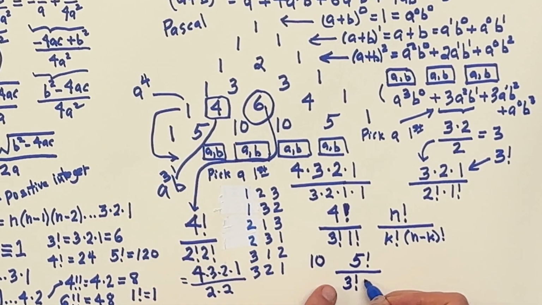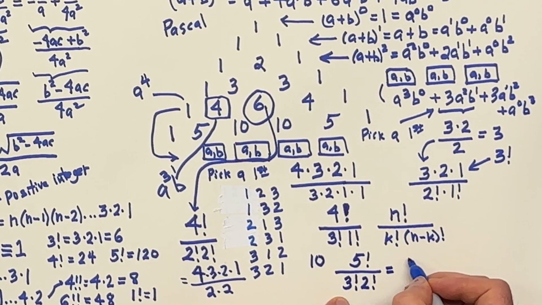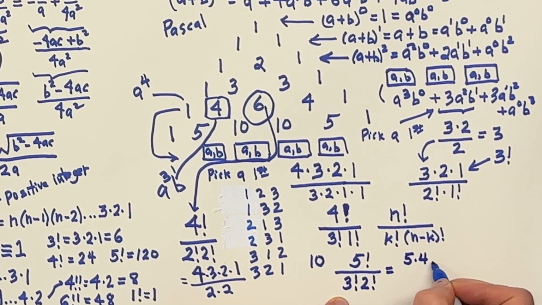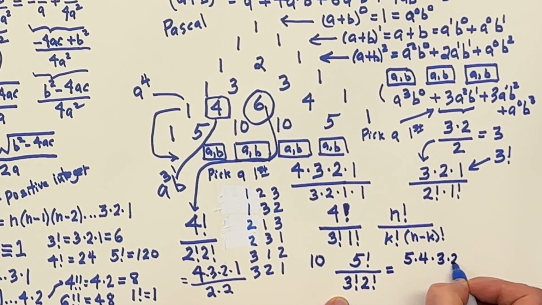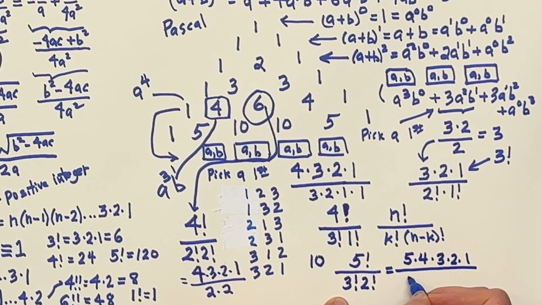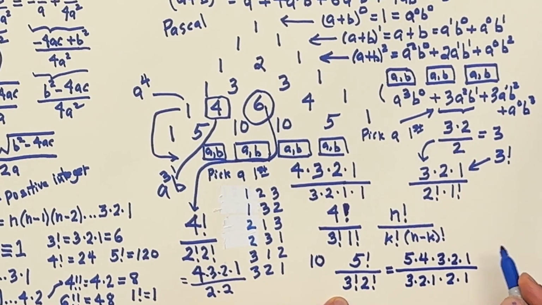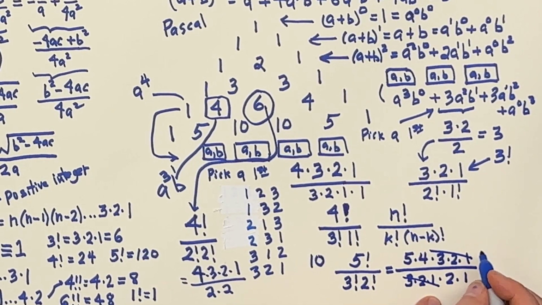And since we have 5 pieces of fruit, that's 2 for the bananas. Notice that this is 5 times 4 times 3 times 2 times 1. And we're going to go 3 times 2 times 1, and then 2 times 1. So these cancel, and then 2 goes into 4 2 times, and then 2 times 5 is 10. It checks out. So this is the general formula right here.